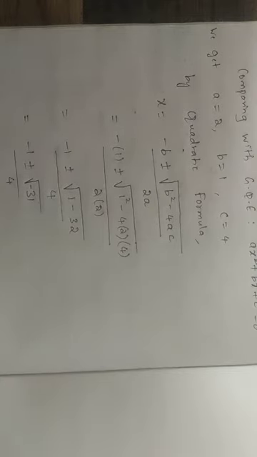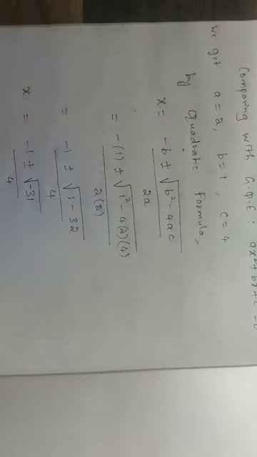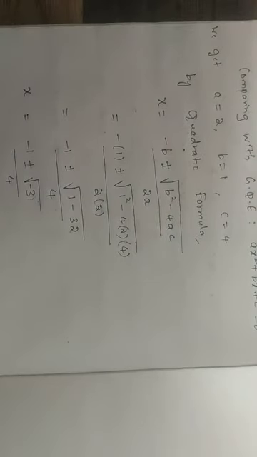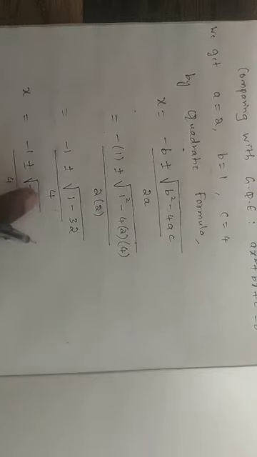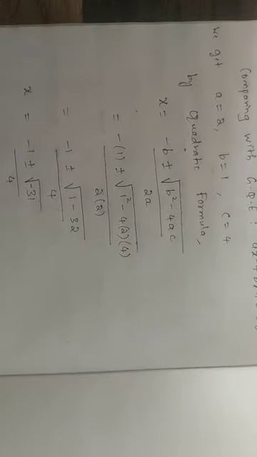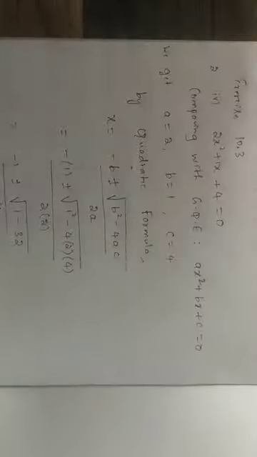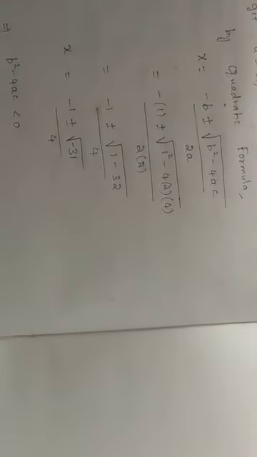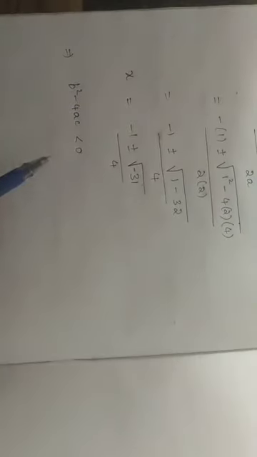So the conclusion is that here b square minus 4ac, this term, minus 31, is less than 0. We need to specify that b square minus 4ac is less than 0.